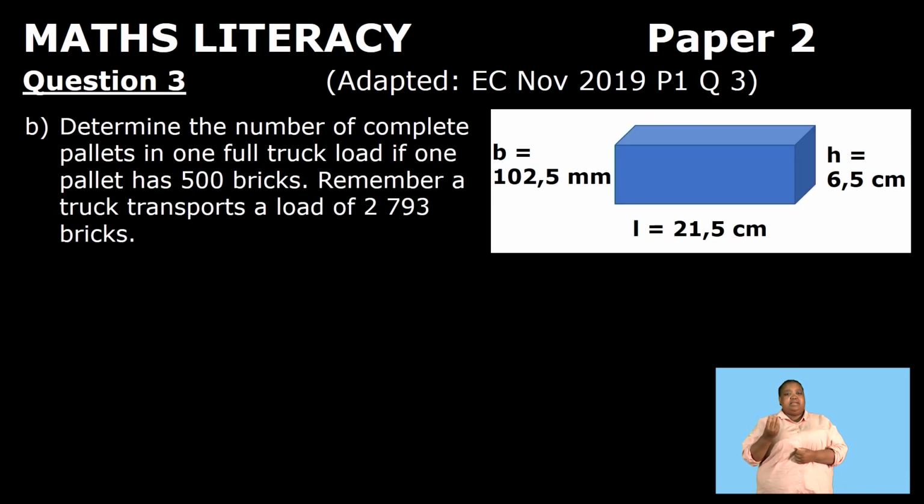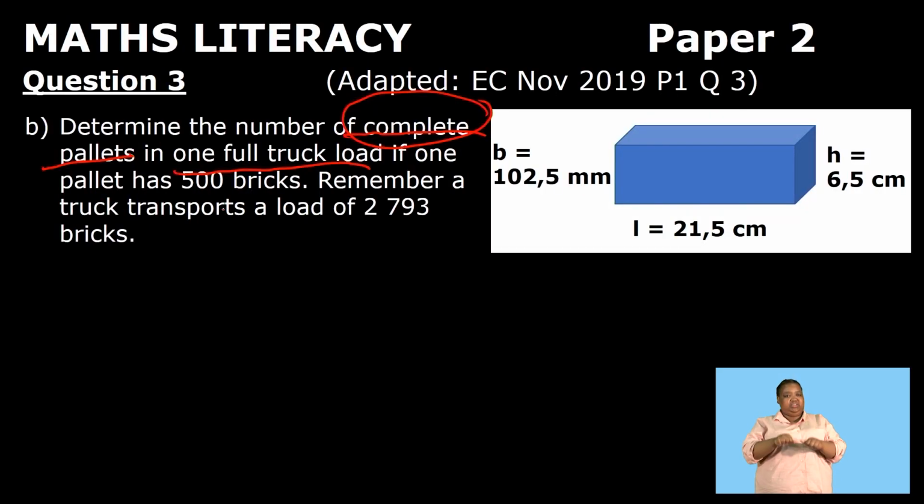Determine the number of complete pallets. Guys, the word complete is a key word, very important to take note. In one full truckload, if one pallet has got 500 bricks. Remember, a truck transports a load of 2,793 bricks.